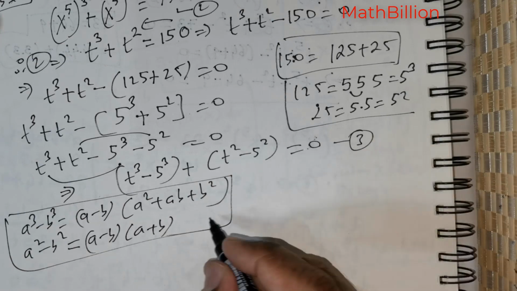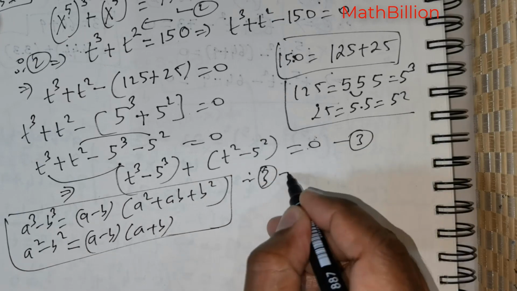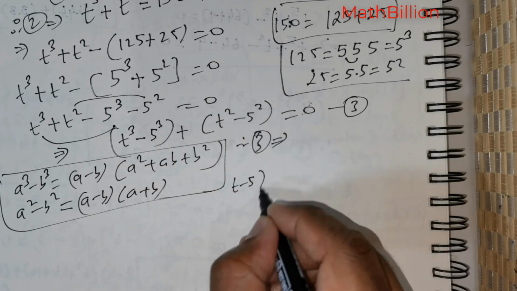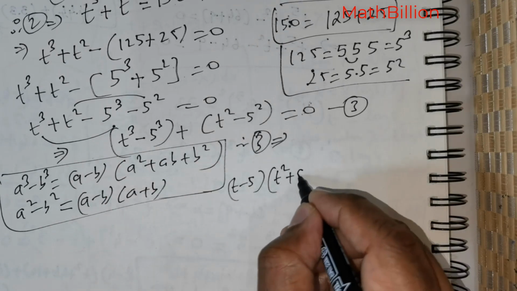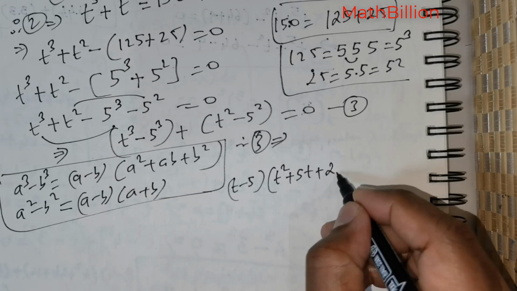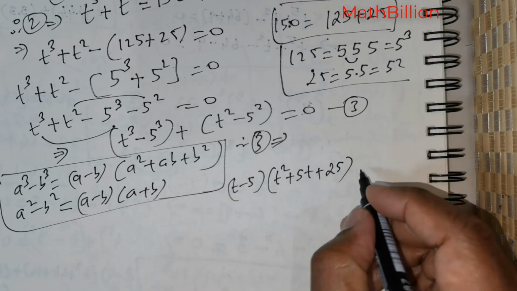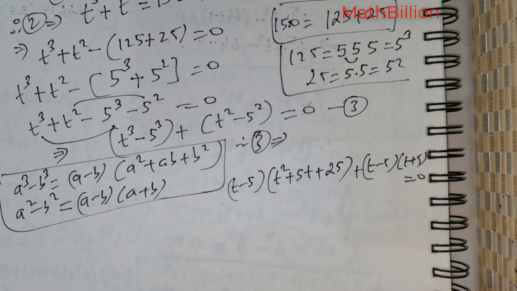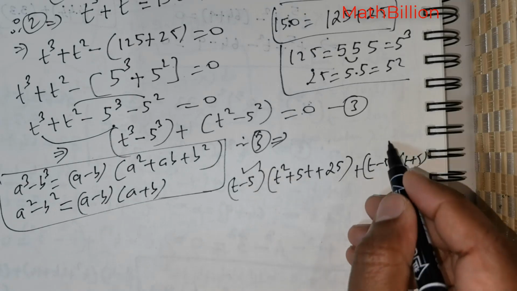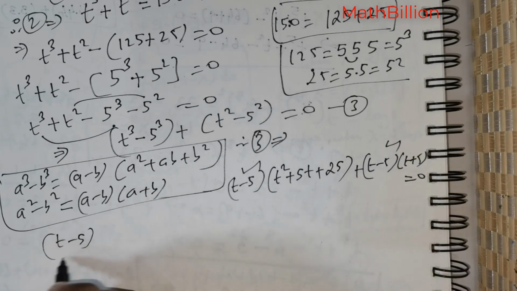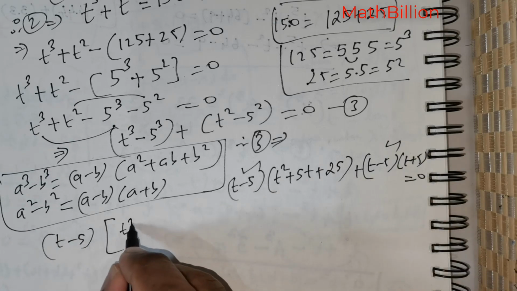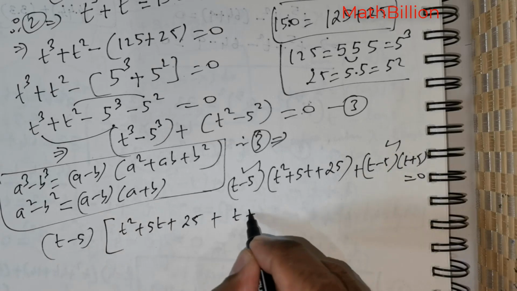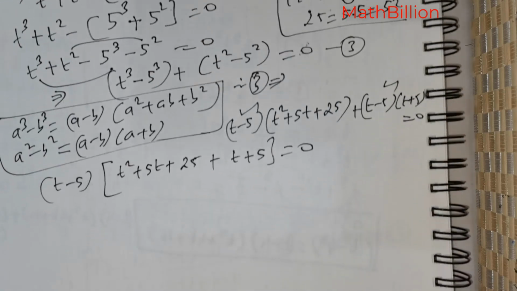Utilizing these two formulae, I can rewrite this as (t - 5)(t^2 + 5t + 25) because of b squared, plus (t - 5)(t + 5) = 0. t - 5 can be taken out and this would give me (t^2 + 5t + 25 + t + 5) = 0.